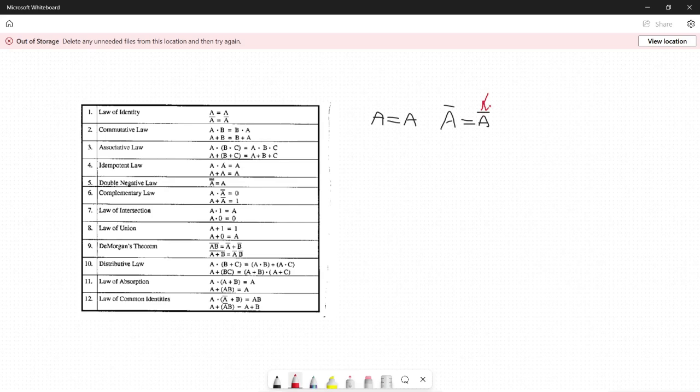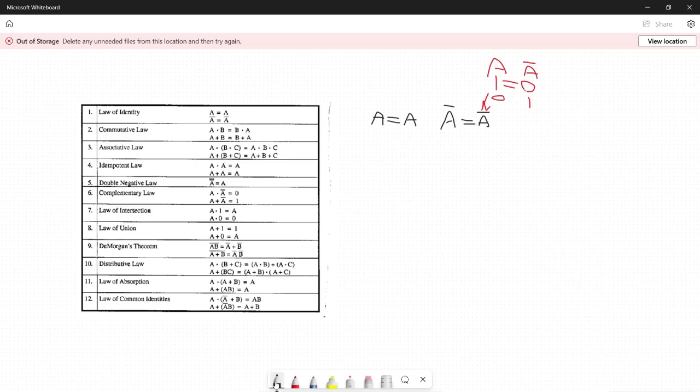Just remember that if A is 1, then A not is equal to 0. So it's always the opposite. And if A is 0, then A not is 1.